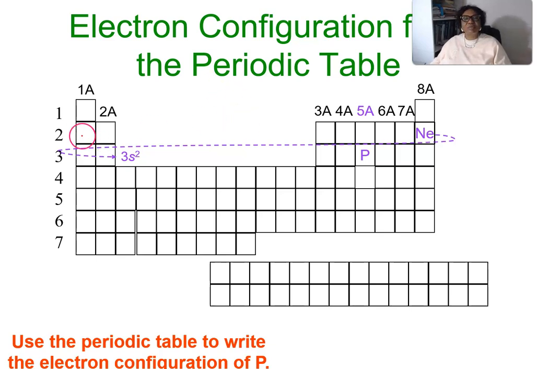So this should be magnesium. So the electronic configuration of magnesium is neon plus 3s electrons. Okay. So let's continue.